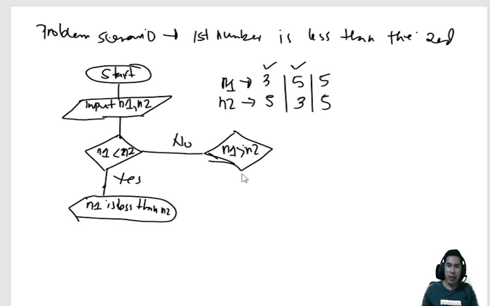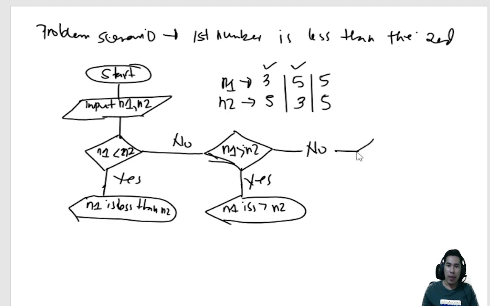If N1 is greater than N2 and you say yes, then you can display here using the hybrid symbol: N1 is greater than N2. No. Okay, if it is not less than and not greater than, then probably N1 is equal to N2.